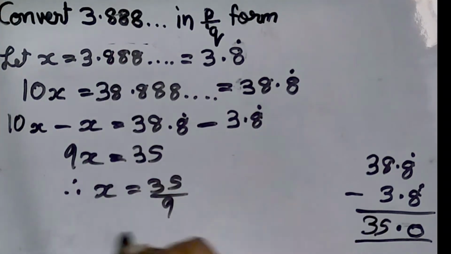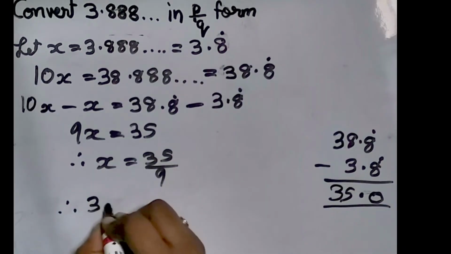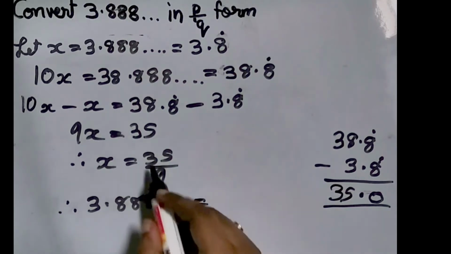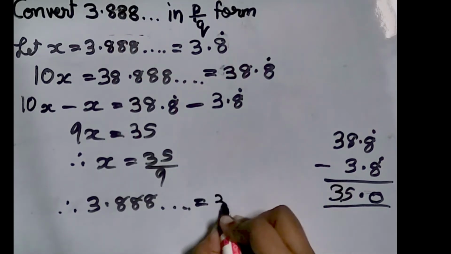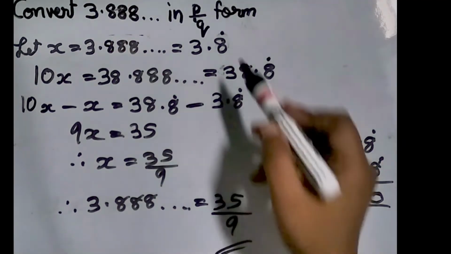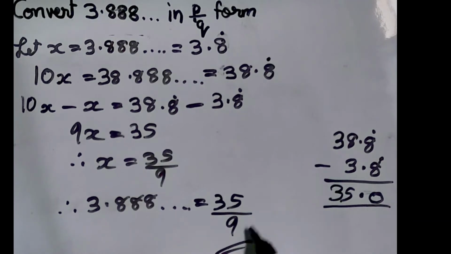So therefore 3.888 and so on is equal to what we got here, 35 upon 9. So this is how we have converted this number in p by q form. Here p is 35 and q is 9.